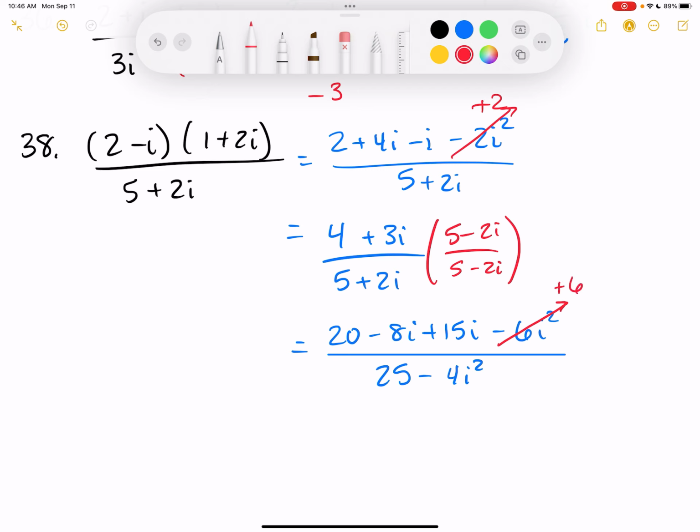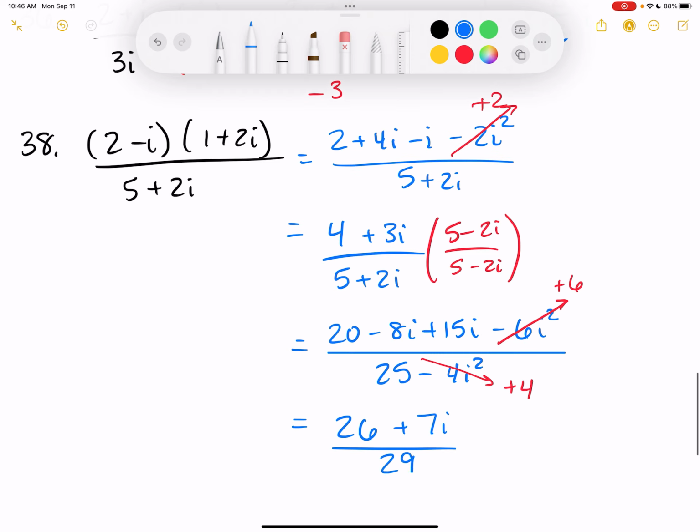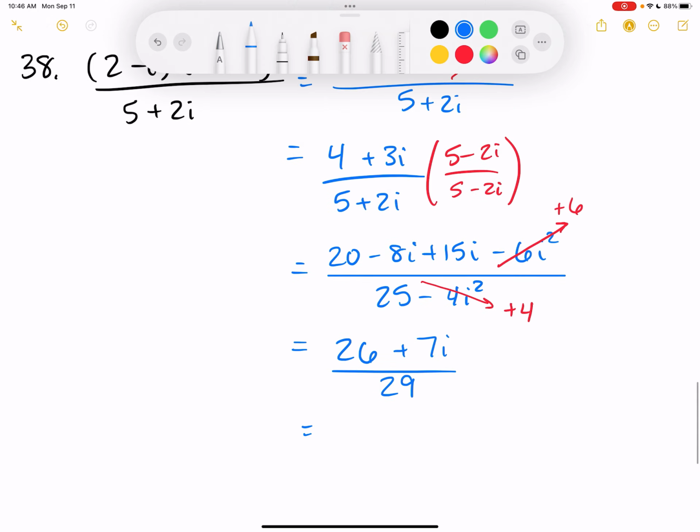Negative 4i squared is becoming positive 4. So on top, I have 26 plus 7i over 29. And then I need to split it for standard form. So 26 over 29 plus 7 over 29 i.